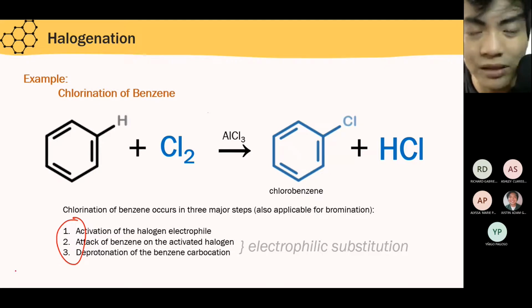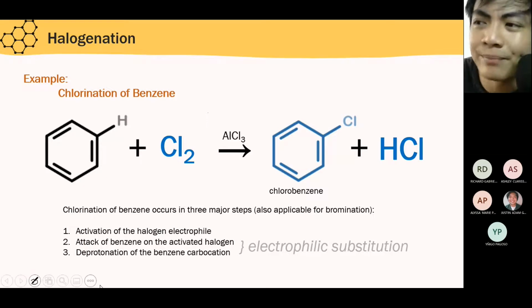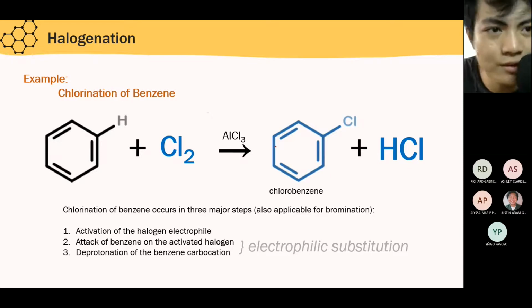So, we'll skip them. Okay? But I'll explain bakit ganun yung nangyari. So, first is that before you produce your product, kailangan ma-activate mo muna yung halogen electrophile. Then, pag na-activate yung halogen electrophile, yun yung kakabit dito sa benzene ring.